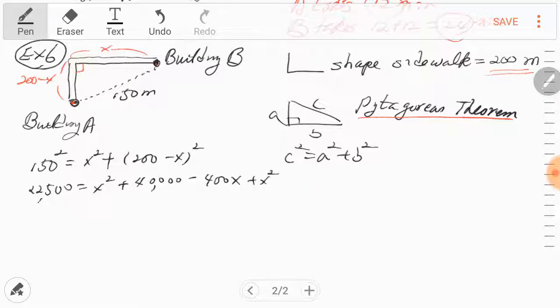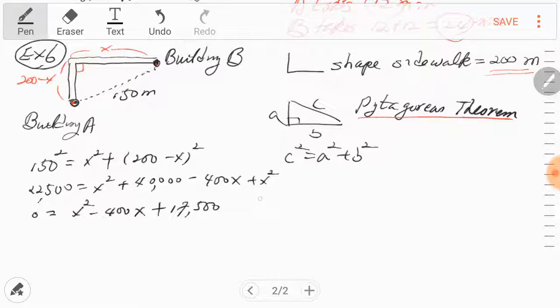Alright, then this is equal to, move everything to the right, then x squared minus 400x, and then minus 22,500 is plus 17,500.